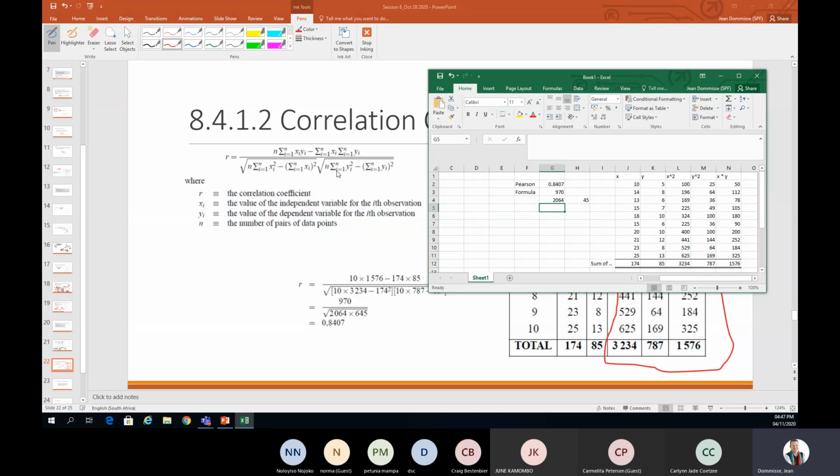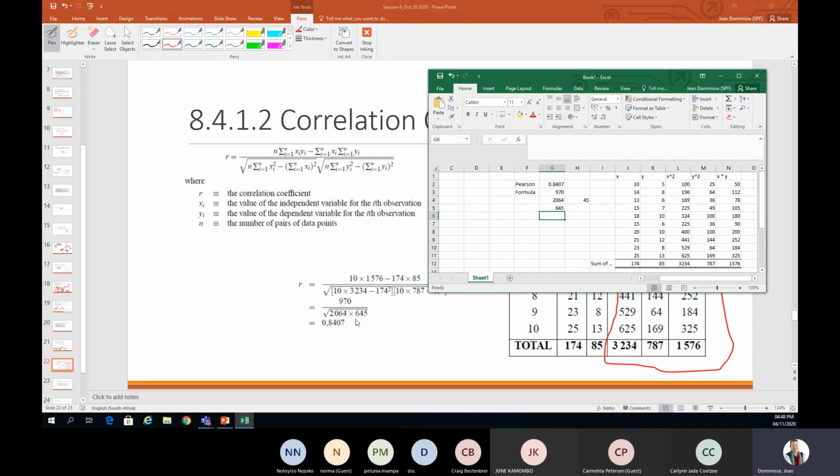It is now the sum of the y, so 10 times. Basically what we did here with the x's, we do on this side with the y values. So it is 10 times the sum of the squares of the y's, which was that one, minus basically that to the power of 2.